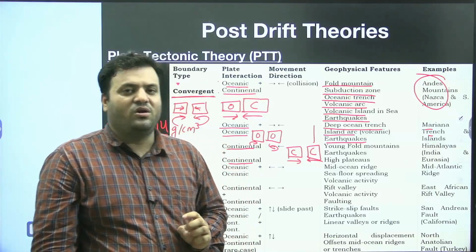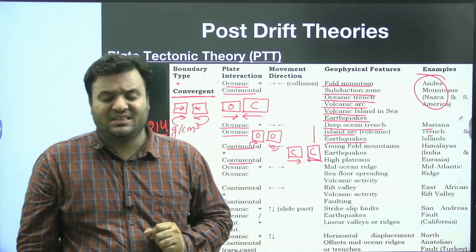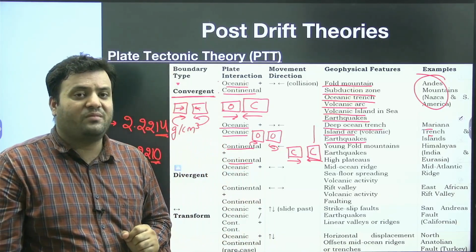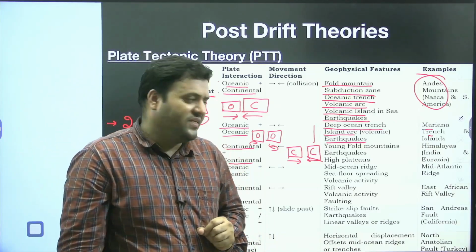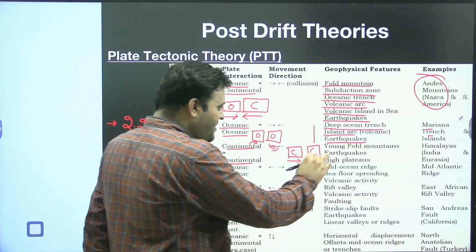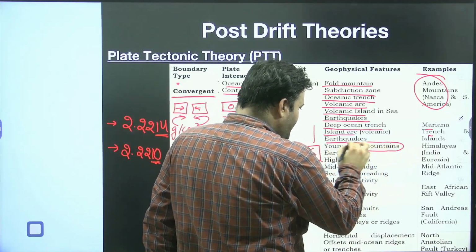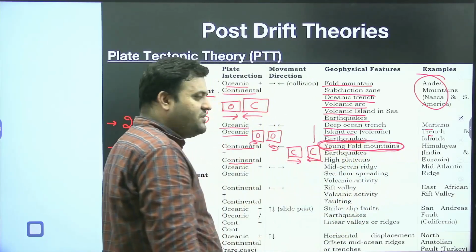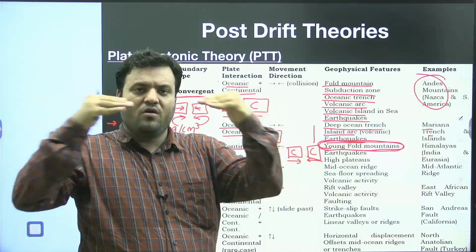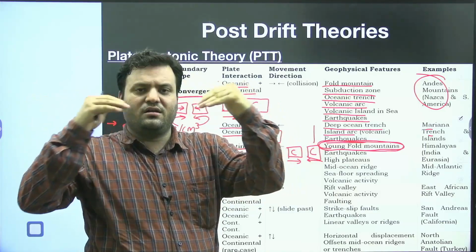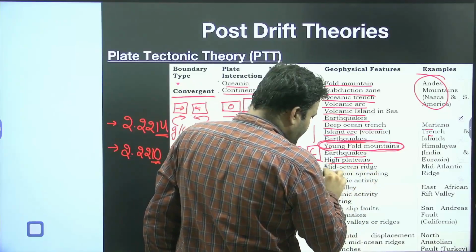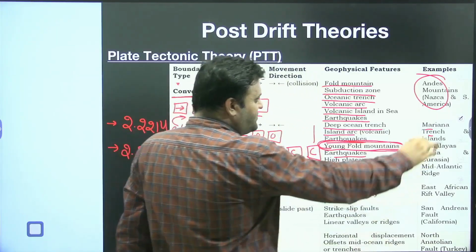Whenever there is a continental interaction, in that case there will not be volcanism. There will be young fold mountains because of the immense pressure, the immense force exerted between the continental plates. Earthquakes will be there, and yes, high plateaus could be formed.